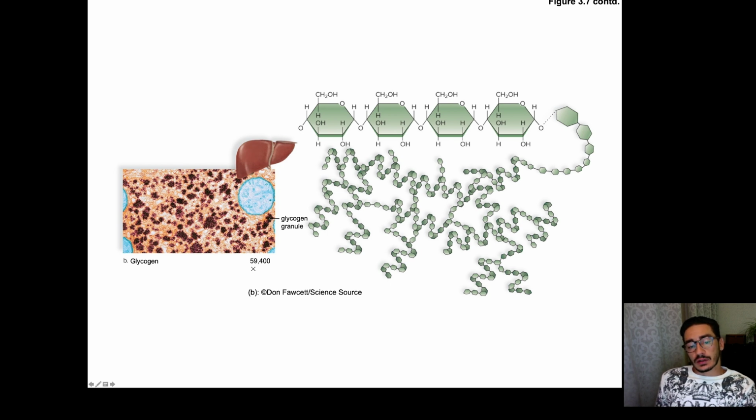That is approximately enough to fuel the body for 24 to 30 hours, right? After 24 hours, your glycogen is going to be depleted, and you're going to get really hungry, and you have to consume some food to fuel your brain, because your brain works on glucose, which comes from starch and simple sugars.